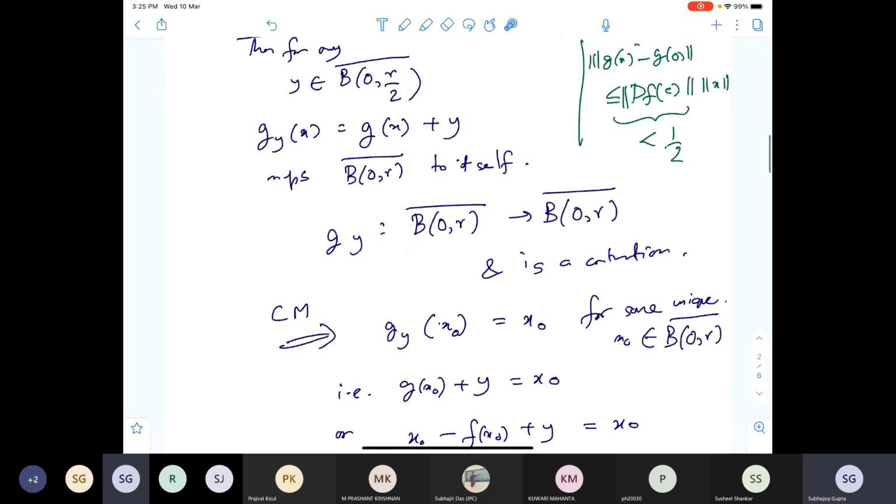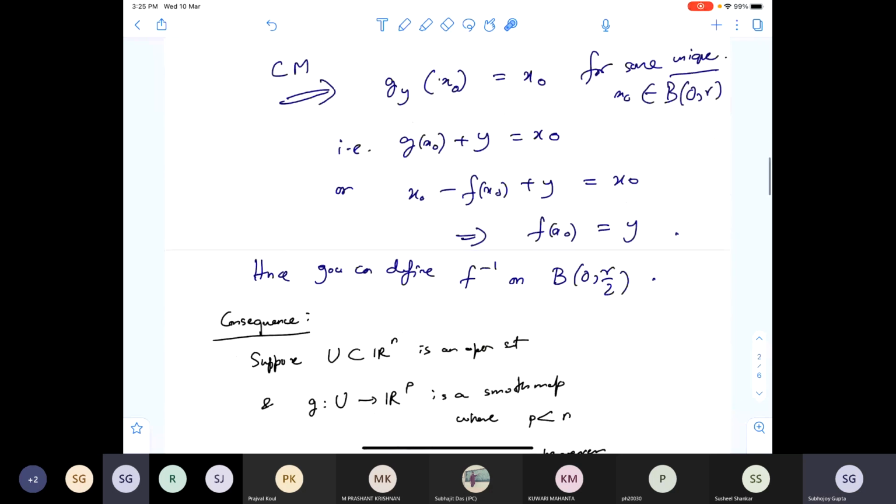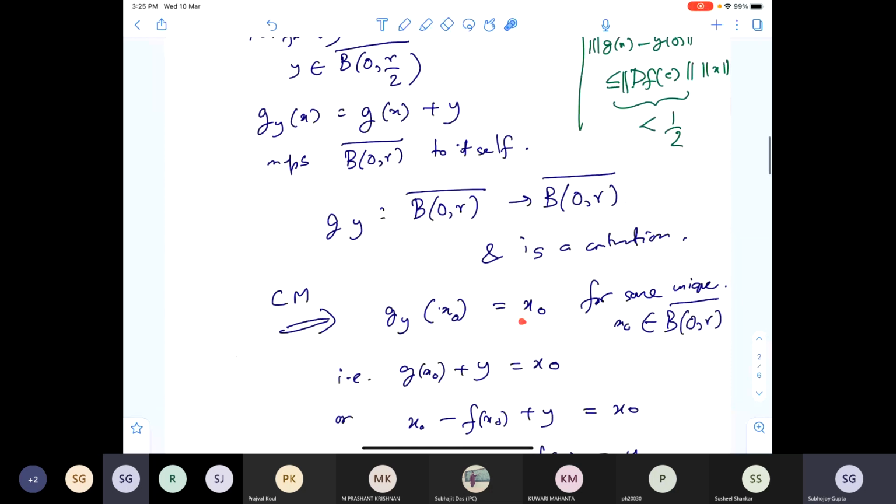You have to basically show that this fixed point varies smoothly as you change your y smoothly. If you vary your y smoothly, then your fixed point also varies smoothly. That's the rest of the argument.